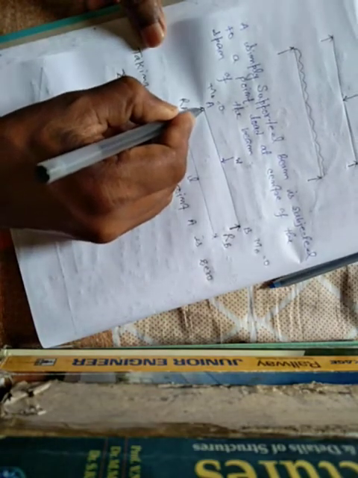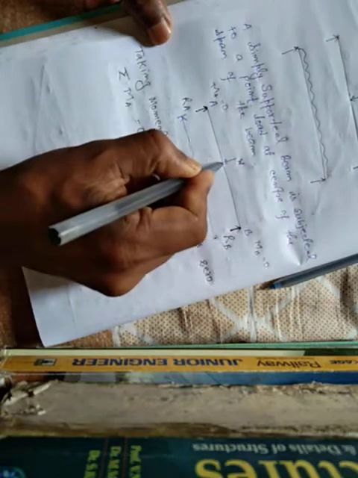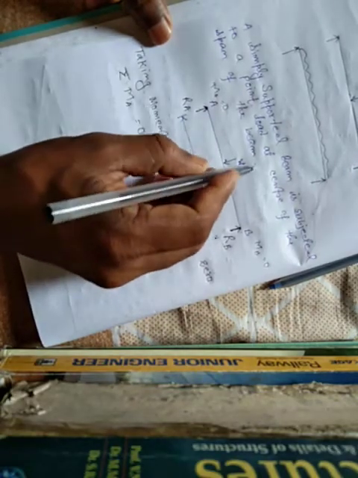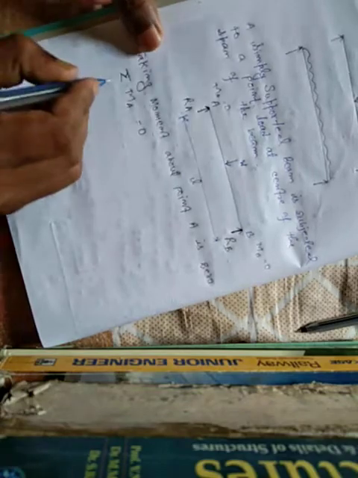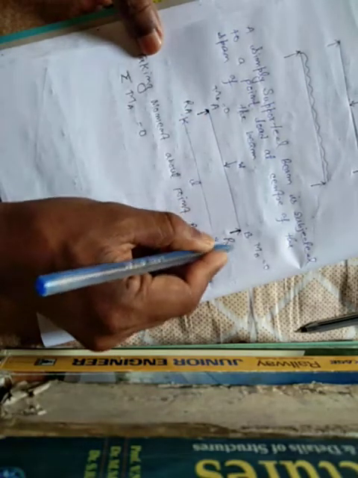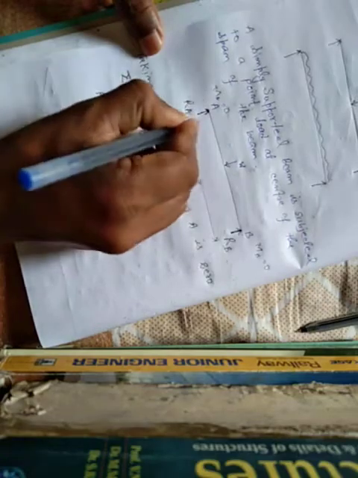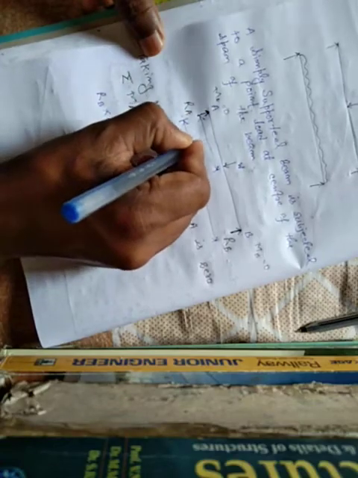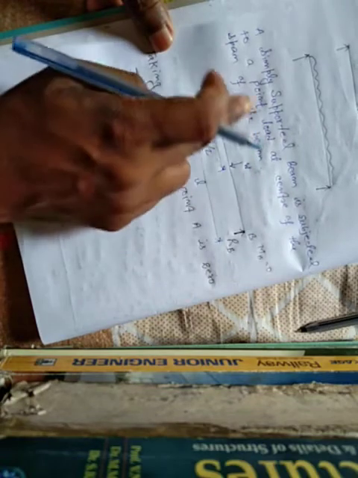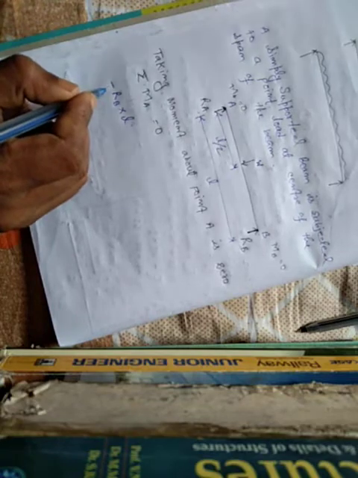Now find out the moment at point A. We can find out the moment at point A by reaction force RB and by the downward load W. So moment about point A by the reaction force is RB into perpendicular distance, total L. Now this is an anti-clockwise moment, that means negative moment, or you can also consider it positive.